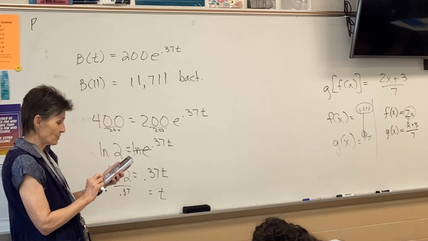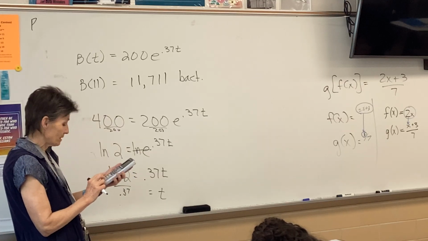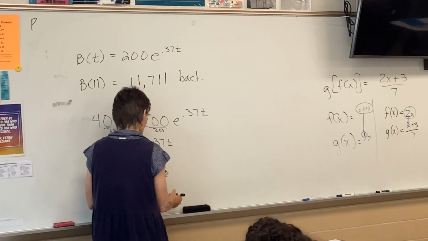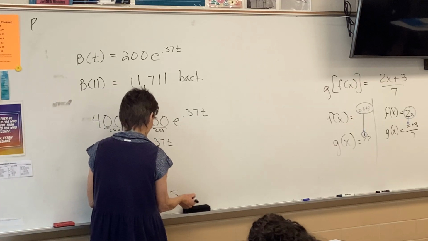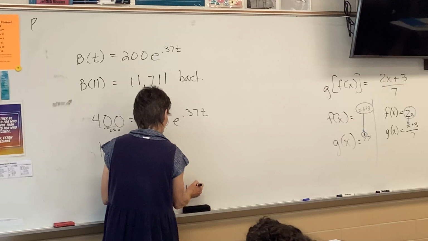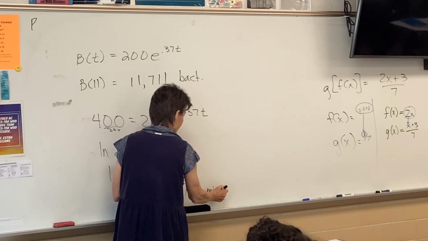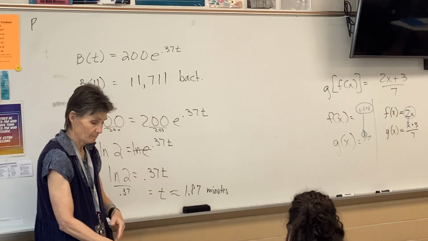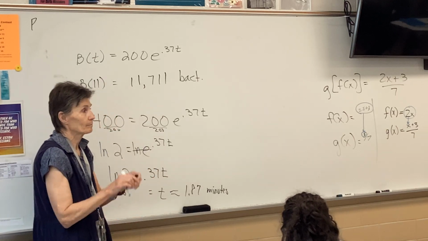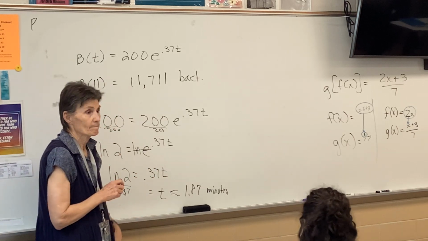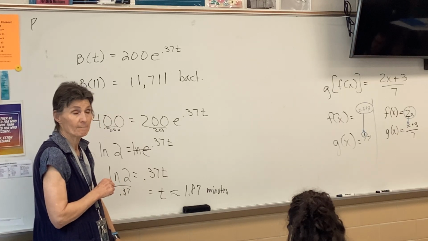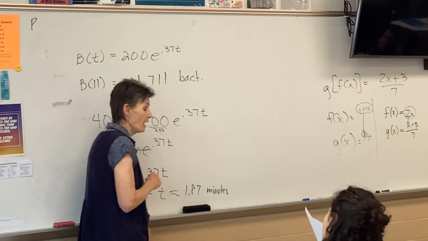So ln 2 divided by 0.37. Did you get that the number would be double at about 1.87 minutes? That was easy enough.